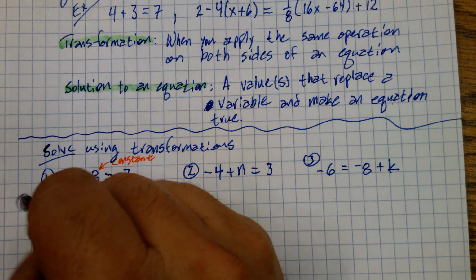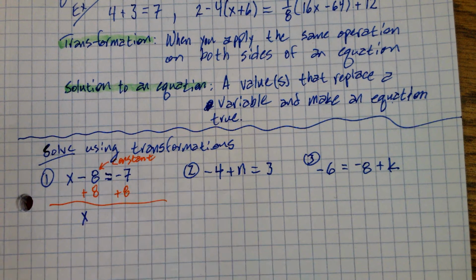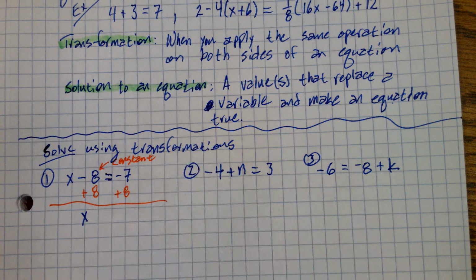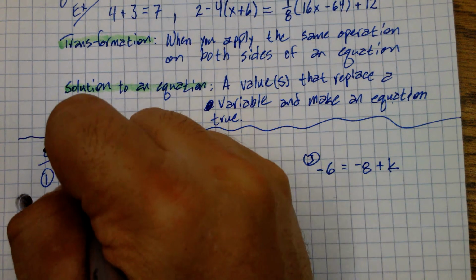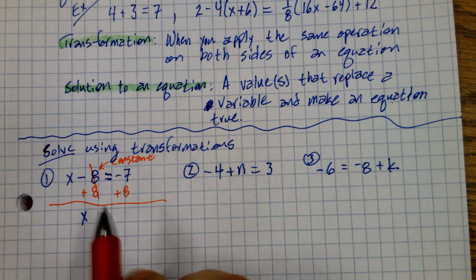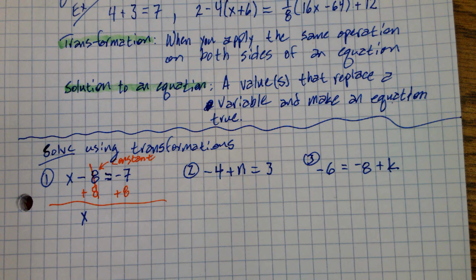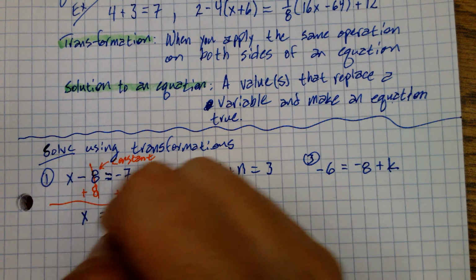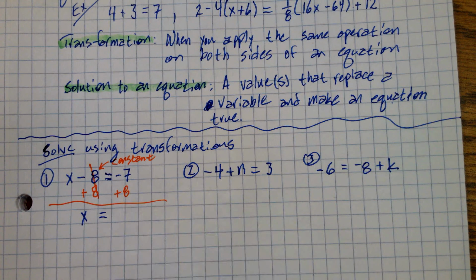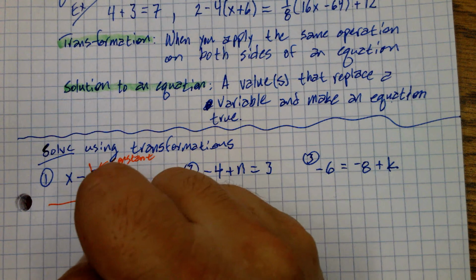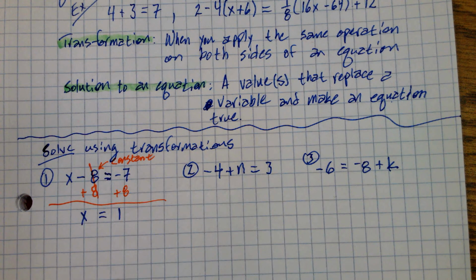I still have an x left, right? Bring it down. These are opposites, and opposite numbers make, what's negative 8 plus 8? 0. So essentially it cancels out. And on the other side, I have negative 7 plus 8. 1. And there's my answer.